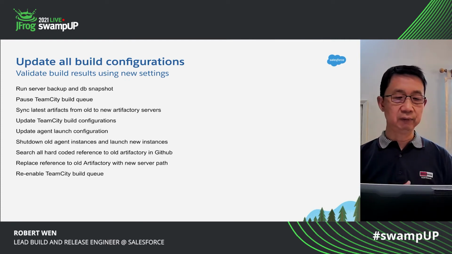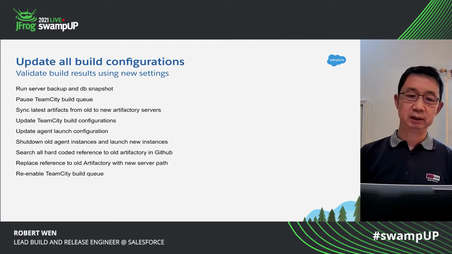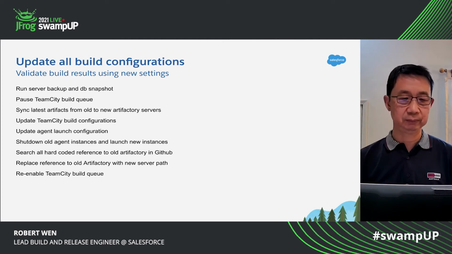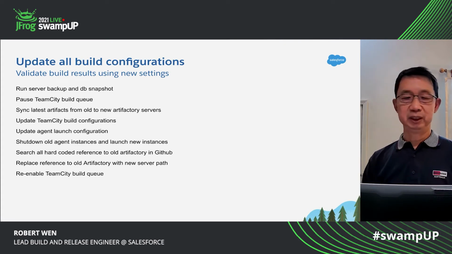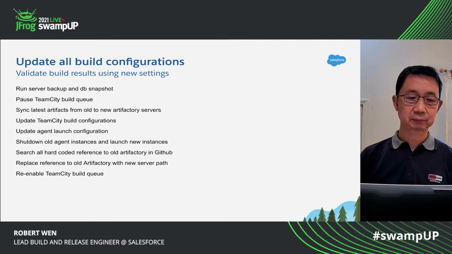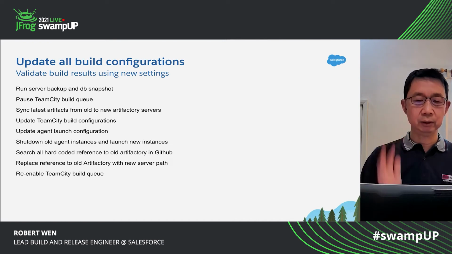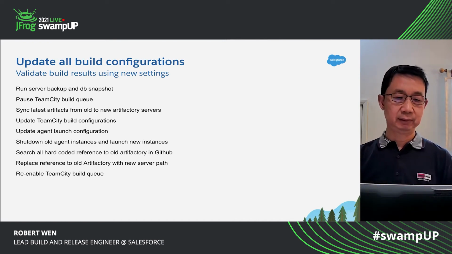Here are several high-level steps we took to complete the migration. First, we need to run a TeamCity server backup and database snapshot. Then we pause the TeamCity queue. At that point, no new build would take place.